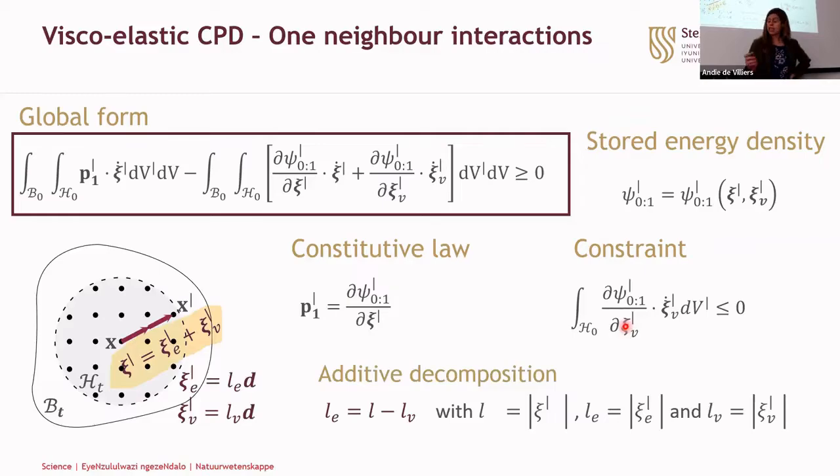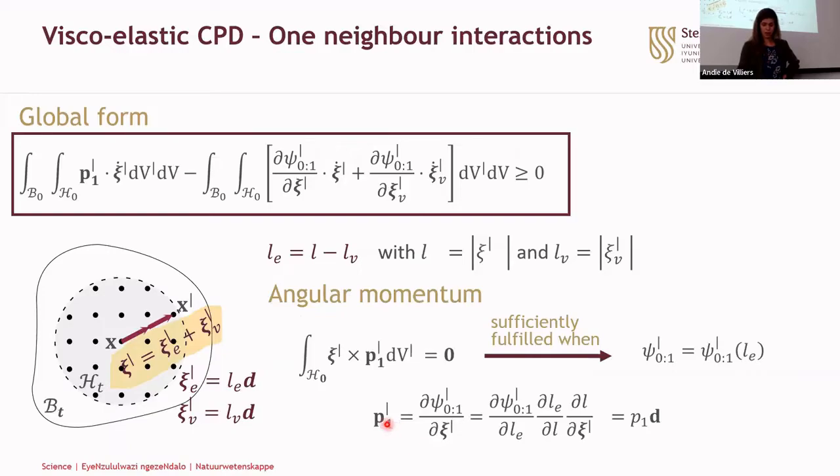Looking more closely at this constraint can be done by decomposing my bond vector into an elastic and a viscous part. You'll see why now, but I write the length of the elastic part in terms of the total and viscous length. So it can be shown that the angular momentum is sufficiently fulfilled when I restrict my stored energy density to not depend on the whole Xi, but only on the length of my elastic part.